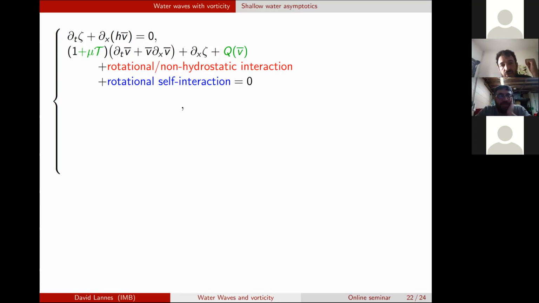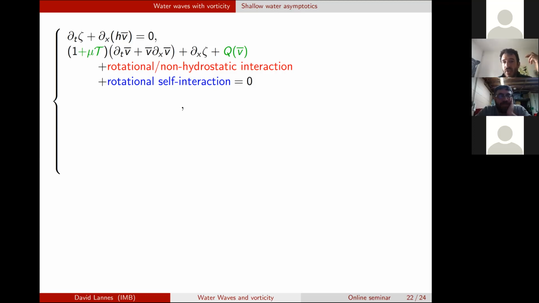One is due to the non-hydrostatic terms, the dispersive terms, if you prefer, of the velocity field. So this induces a vertical dependence that is at next order, but that is here. And the other reason is that you can have a shear velocity which is created by the vorticity.